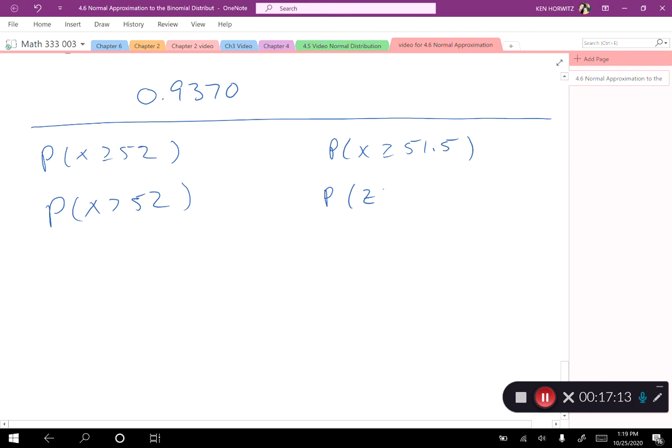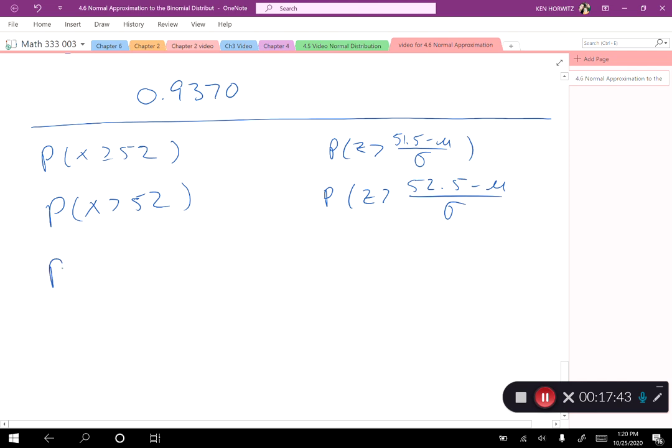Z is greater than. So I'm going to do that instead. So let's alter that. Not really changing anything, I'm just going to write it better.